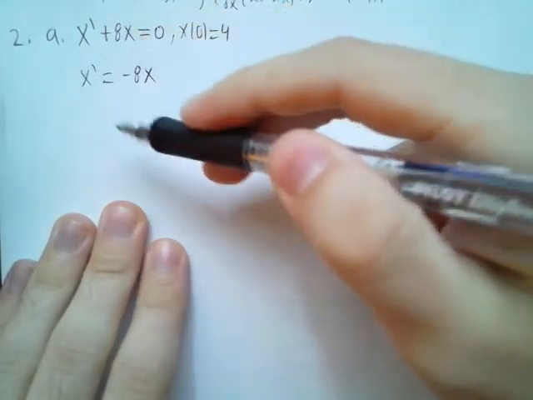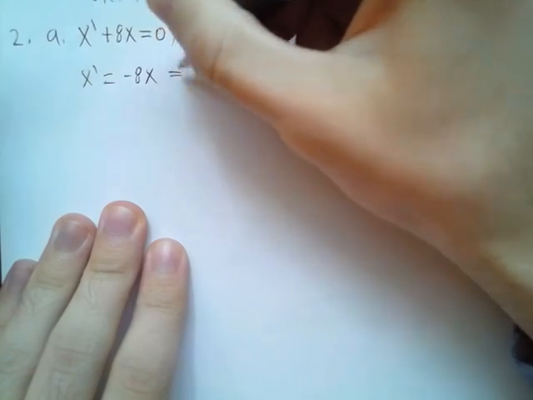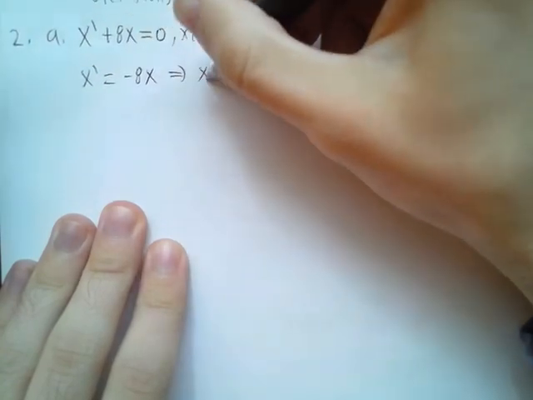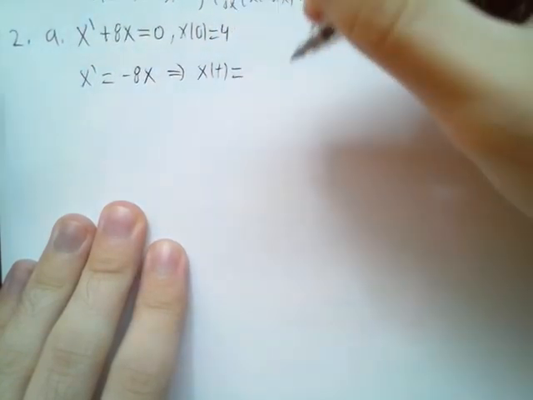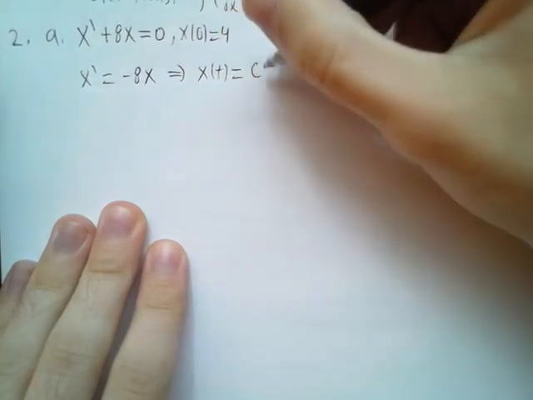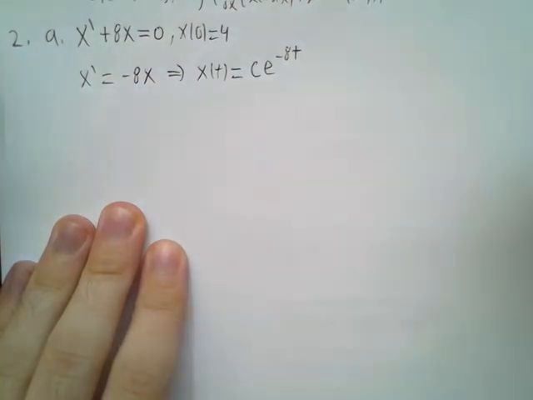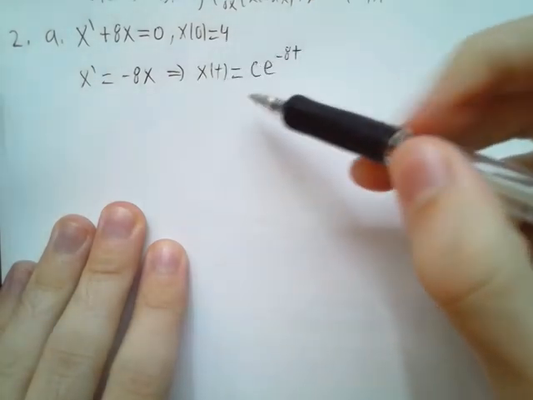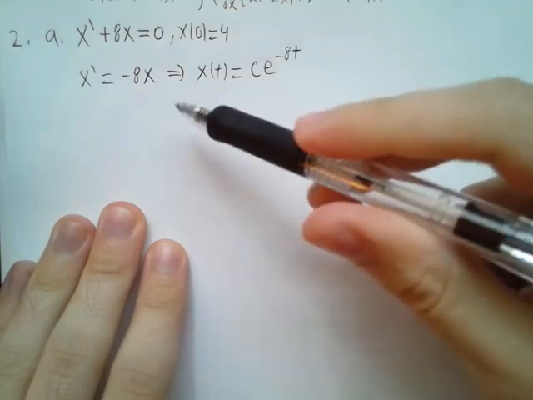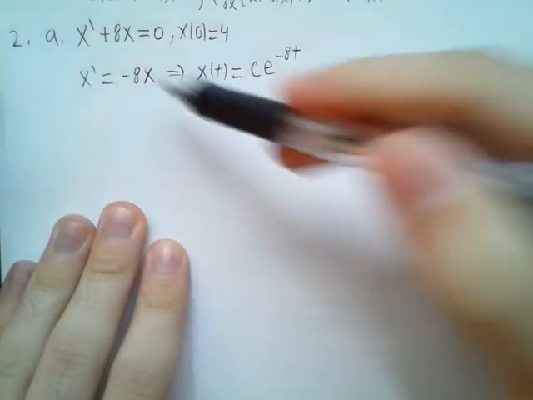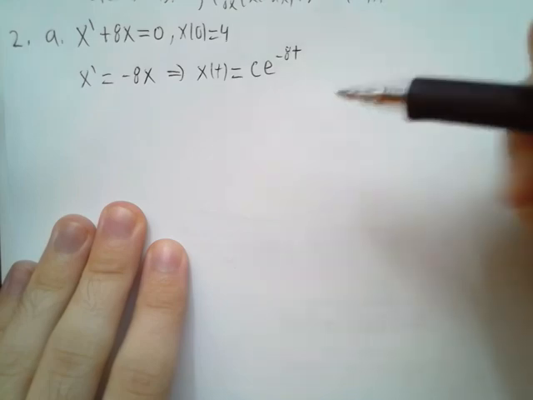We looked at this one in class, and we said that its general solution is x of t equals some constant times e to the negative 8t. So again, this isn't something I've shown you how to find the solution to yet, but you should just recognize that if the equation has this form, the solution will look like this.